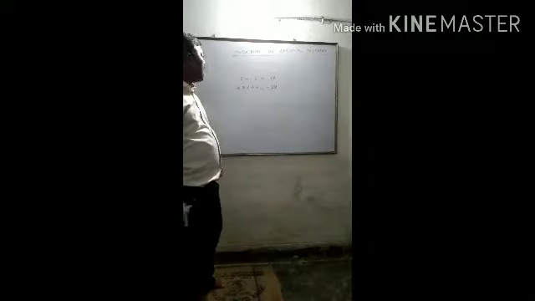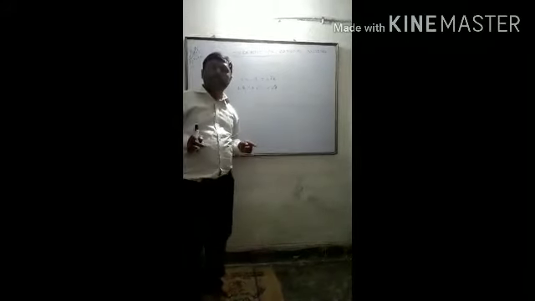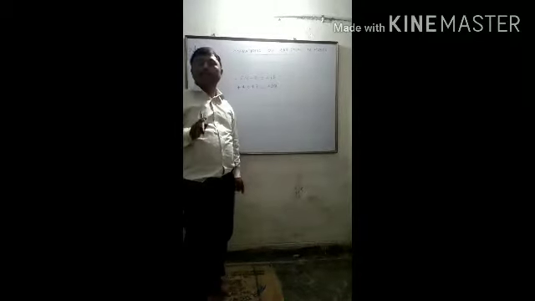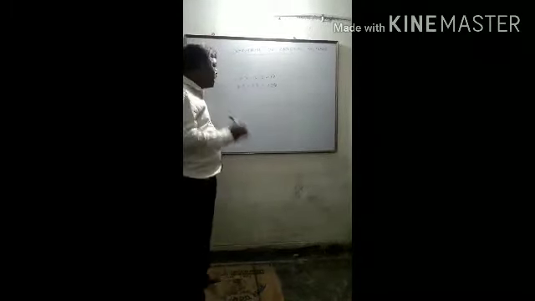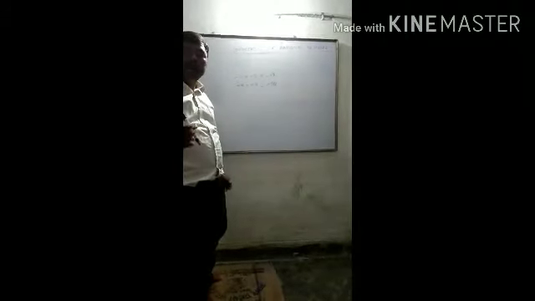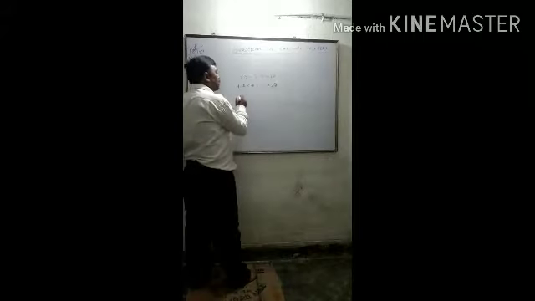This means if both numbers are present with the same sign, then the product will be positive. And if both numbers are present with different signs, then the result will be negative. It means what?